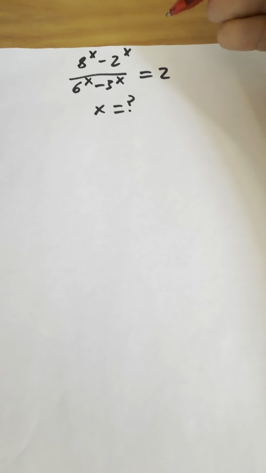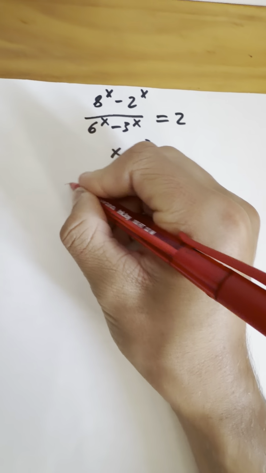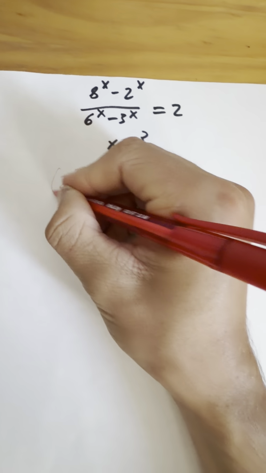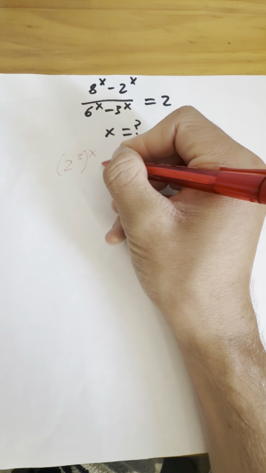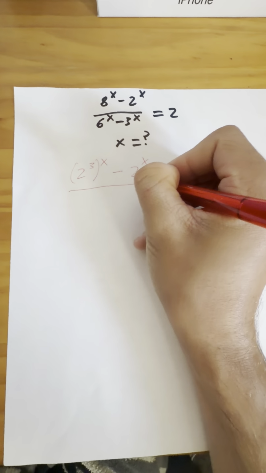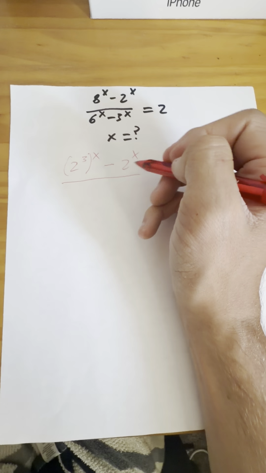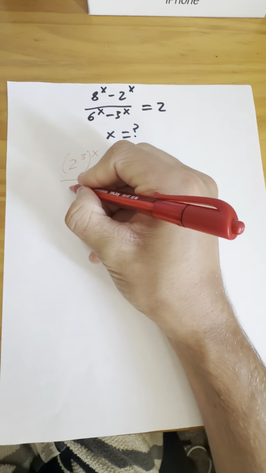Like 8 can be 2 to the power 3, to the power x. 8 is equal to 2 to the power 3, and then the power of x you just bring out there, and that 2 to the power x just stays out there. And then the 6 can be broken down into 2 times 3 to the power x.